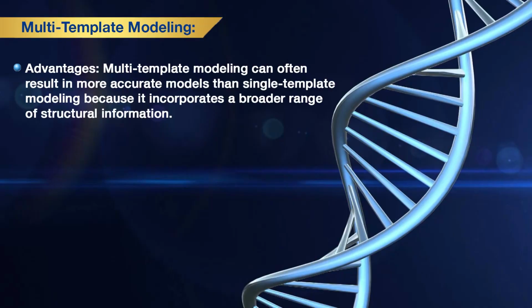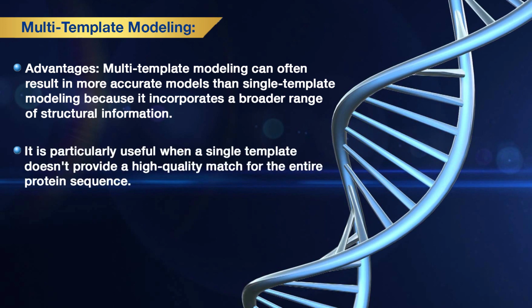Multiple template modeling can often result in more accurate models than single template modeling, because it incorporates a broader range of structural information. It is particularly useful when a single template does not provide a high resolution or high quality match for the entire protein sequence, right. So, we saw multiple template modeling advantages and challenges.